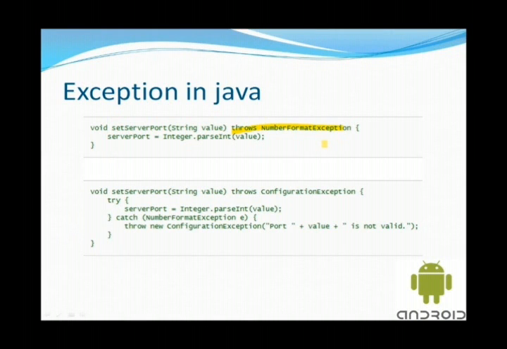Second example: throw a new exception that's appropriate to the level of abstraction. It uses a try-catch block to catch the NumberFormatException, and if so, it sets the port to 80. These are two simple ways of handling exceptions in Android apps, and this is how it increases the reliability of Android apps using the Java language.